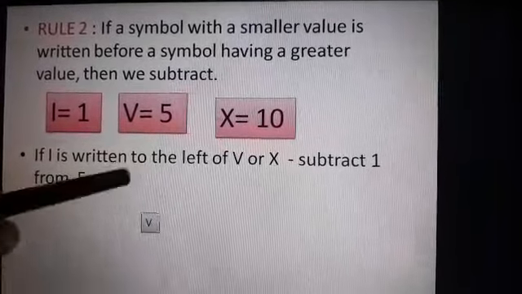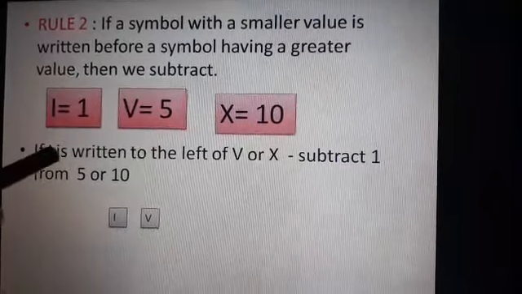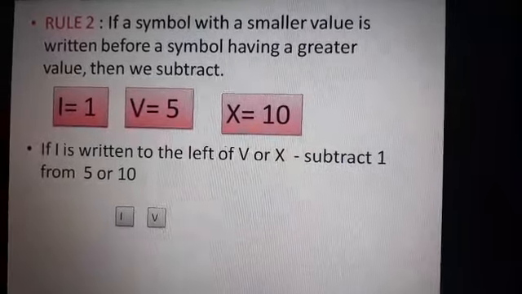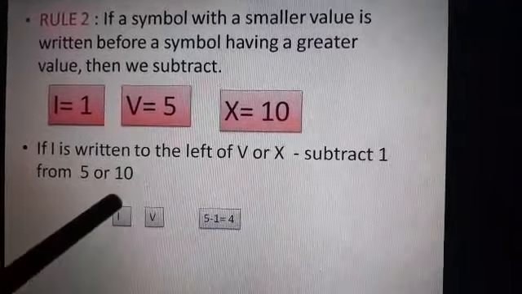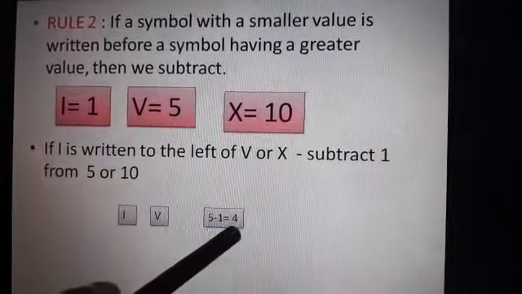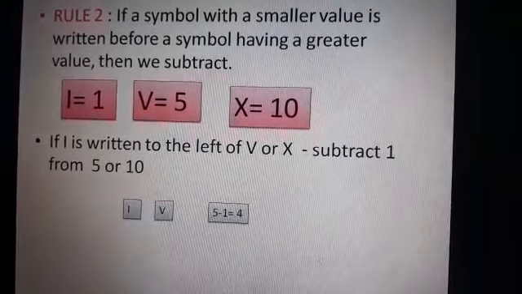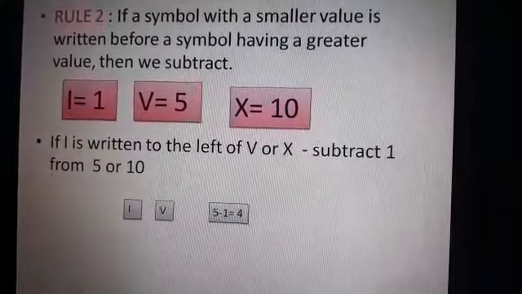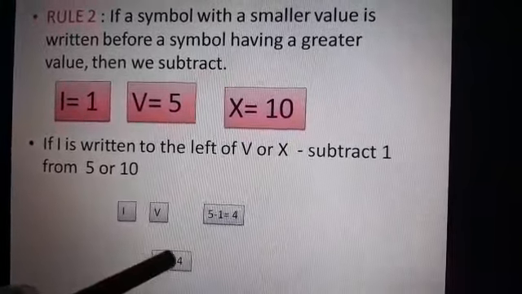And on the left hand side, I write a smaller numeral, that is I. So what do we have to do? We have to subtract 5 minus 1. It gives me 4. So the number 4 in Roman numerals is written as I and V.